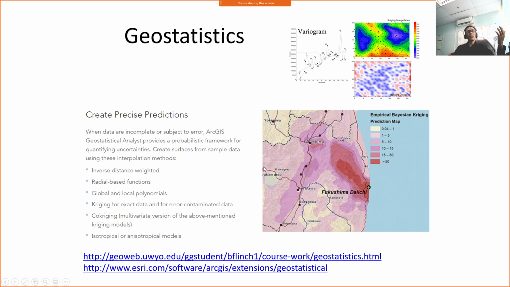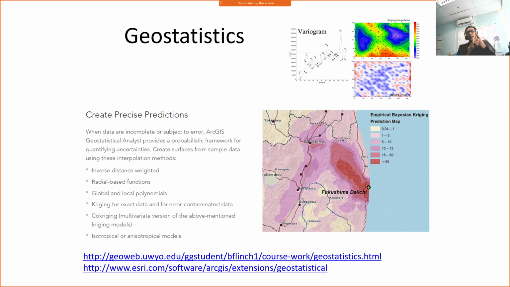So you can do inverse distance weighted, radial basis functions, kriging, co-kriging, INLA, integrated nested Laplace approximations methods, and so on and so forth. But again, this is an advanced method of analyzing spatial data.